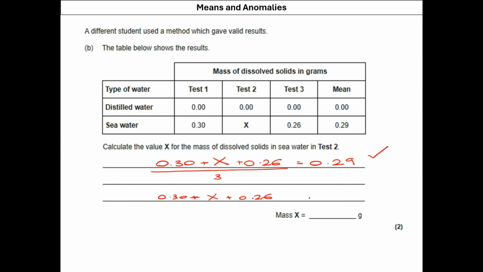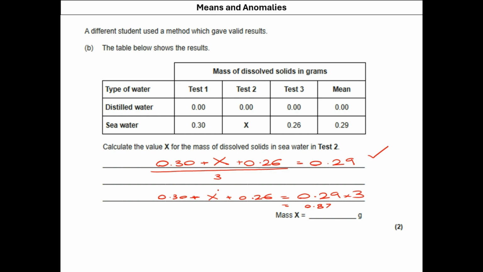So it's going to end up as 0.3 plus x plus 0.26. I'm going to times by 3 to get rid of the divide 3. So it's going to become 0.29 times 3. Then I can work out that 0.29 times 3. Let me go to my trusty calculator. 0.29 times 3 is 0.87. So don't write as big as me, but now I've got 0.3 plus x plus 0.26 is 0.87.